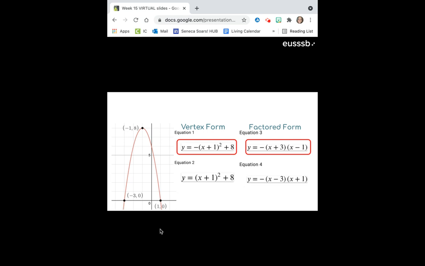So your first two equations were in vertex form. So we wanted to look at where the vertex is and then choose the correct equation. So that is going to be equation 1 because of the negative orientation.